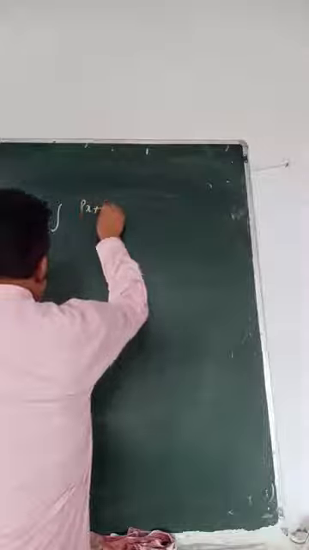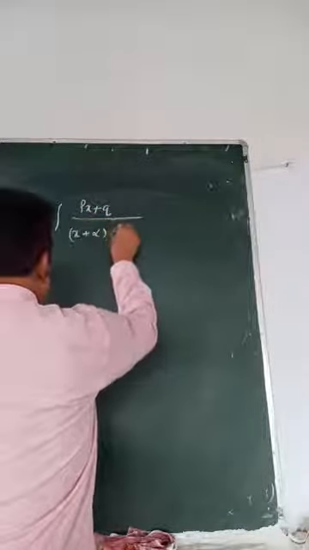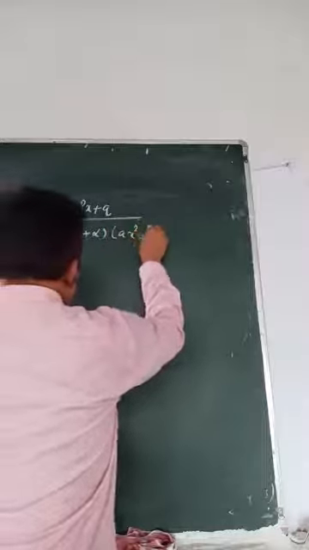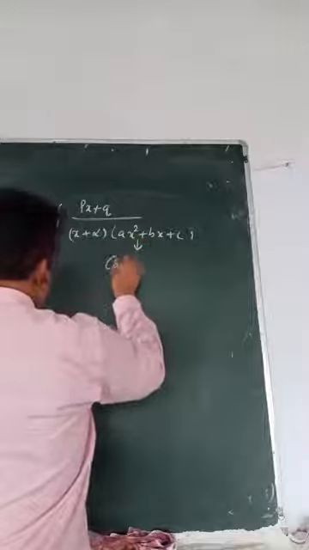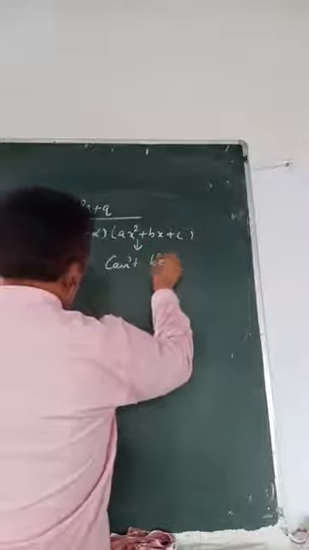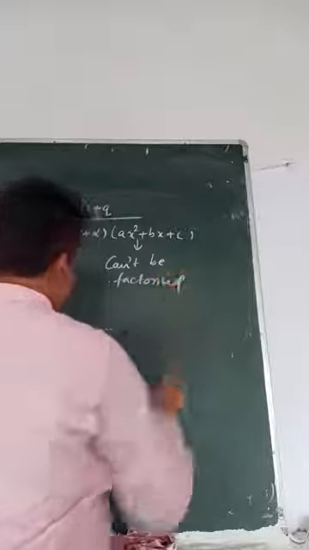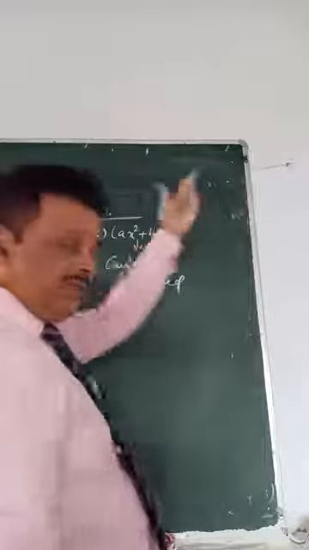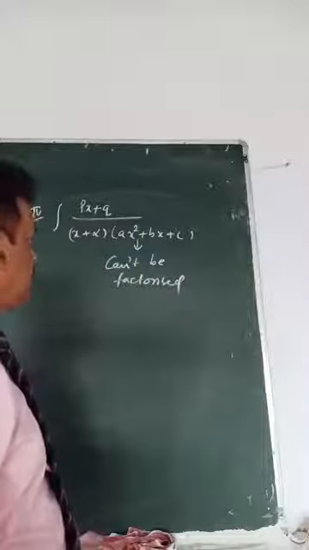Px plus q by x plus alpha, ax square plus bx plus c, where this cannot be factorized. If it is factorized, then it will be linear form. When it is not factorized, how will you do?